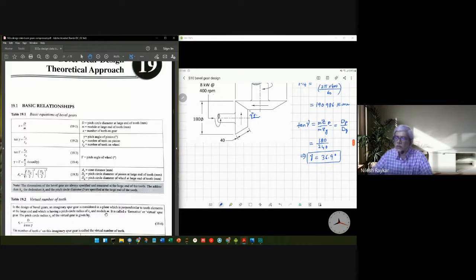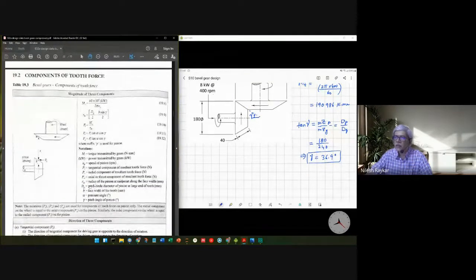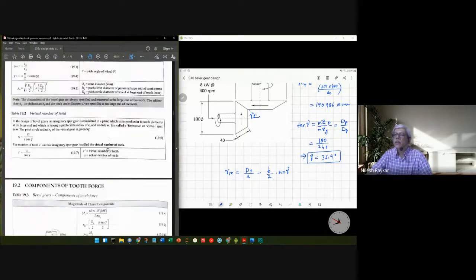Next, for the force calculation, let me go to the force calculation page. We have determined gamma and we already have been given alpha. For calculating the forces, we require the value of Rm. Rm is given as dp by 2 minus b by 2 sine of gamma.